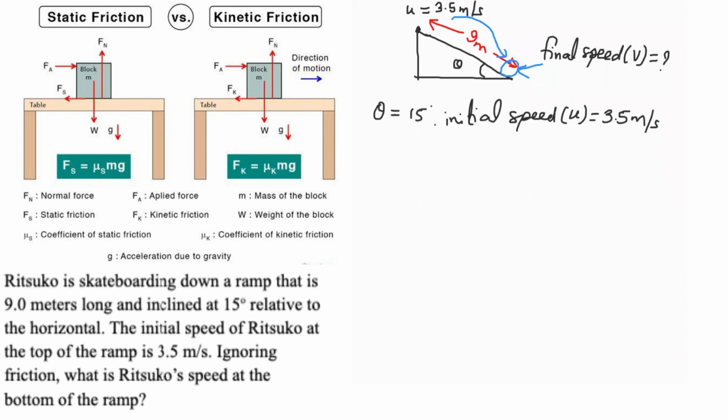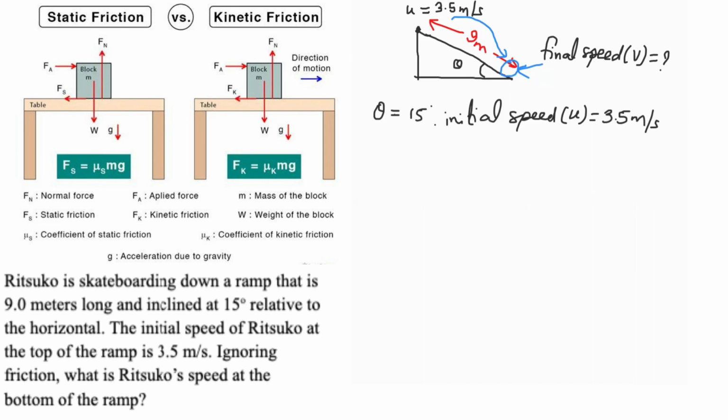Now here is a big question. We can solve this question in many ways, but I want to make it as simple as possible. When Ritsuko was at the top of the ramp, what energies were present at that time?